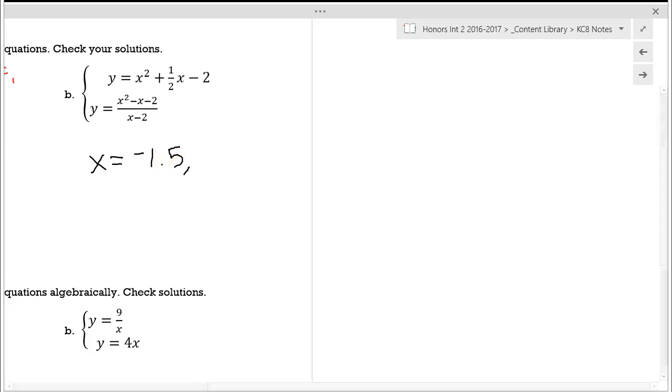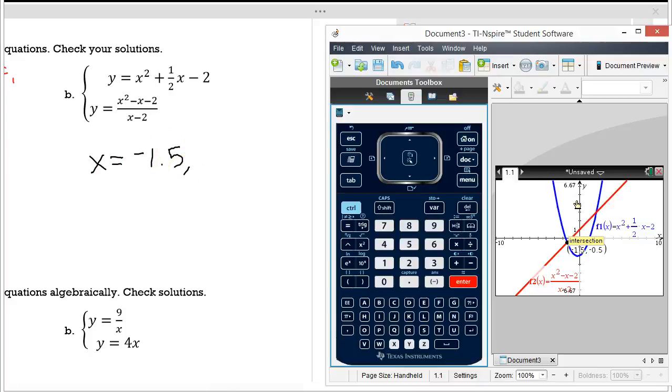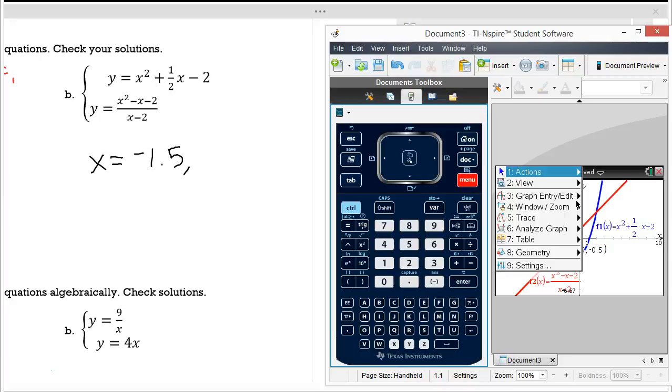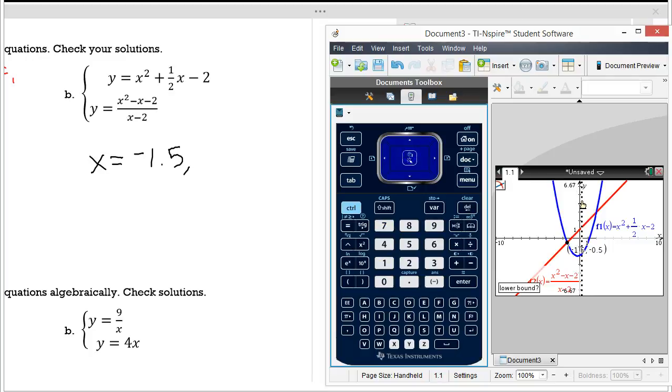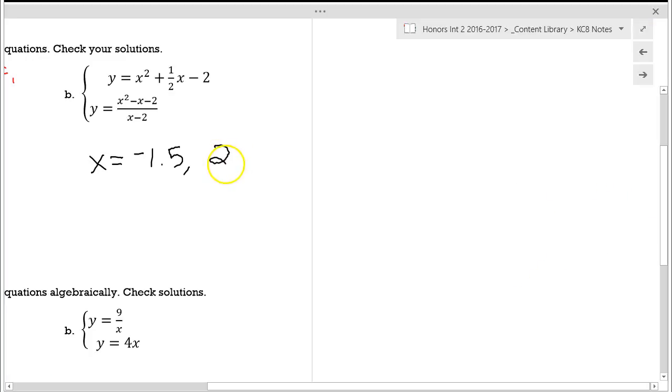Then I want to find my second point. So menu, analyze graph, intersection, to the left and to the right, and I get my x value of 2. So x equals negative 1.5 and x equals 2.